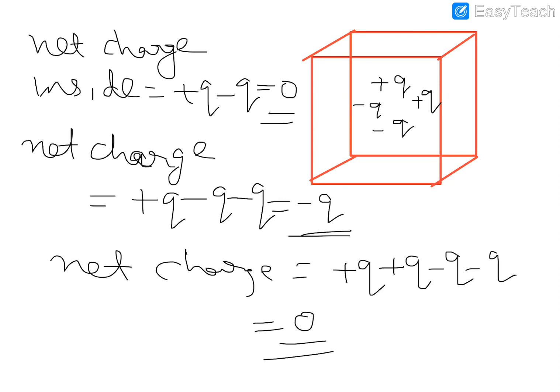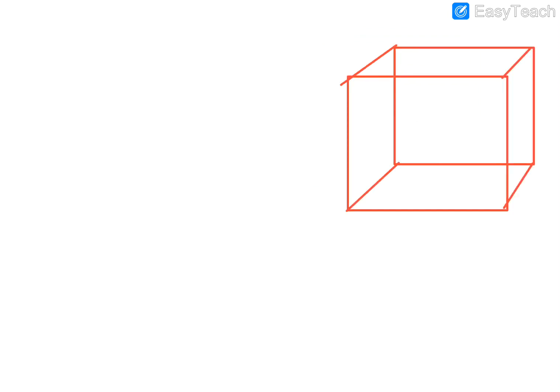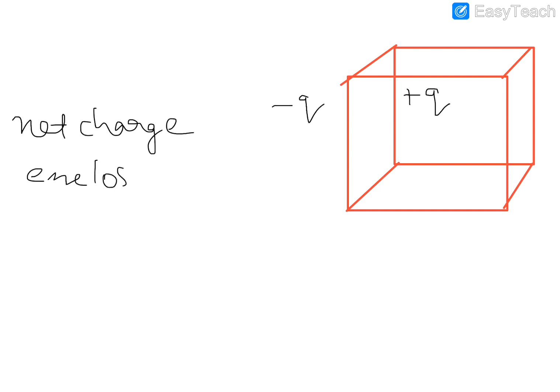Now let us consider another case. You have a plus q here and a minus q here. Plus q is inside the cube, whereas minus q is outside the cube. So what is the net charge enclosed by the cube?